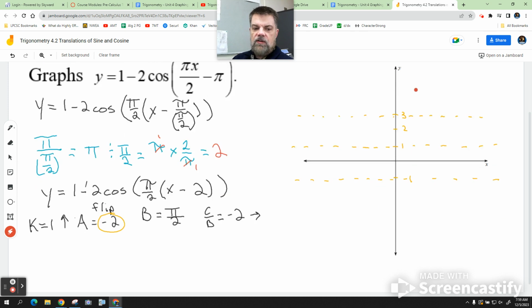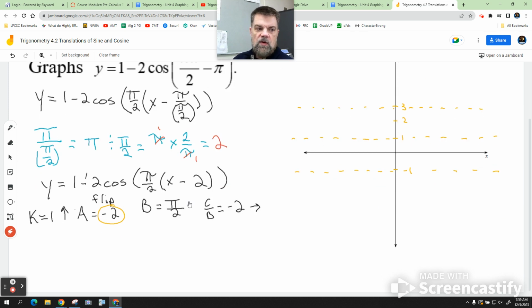Now I have to calculate the period. So the period P, we'll do that in green. P is equal to 2 pi over b, but that would be 2 pi over pi over 2.